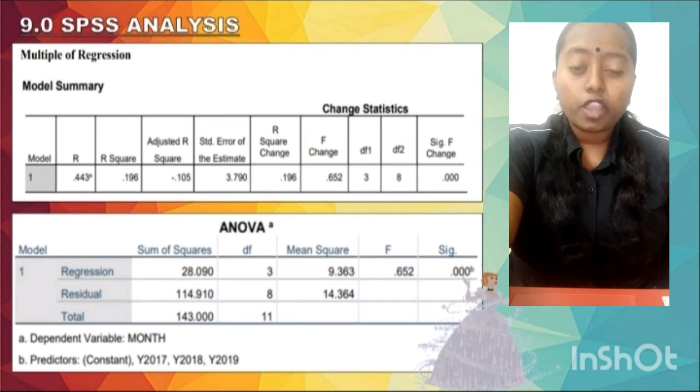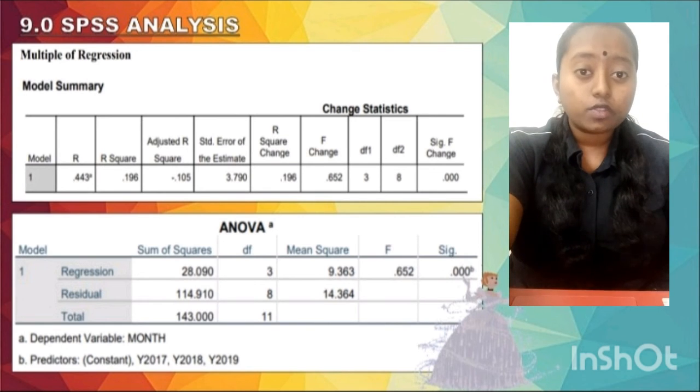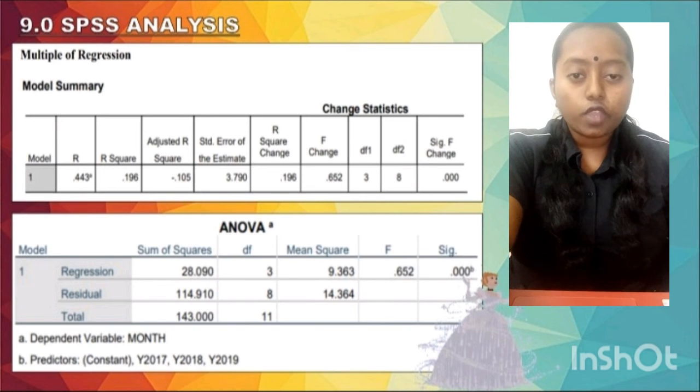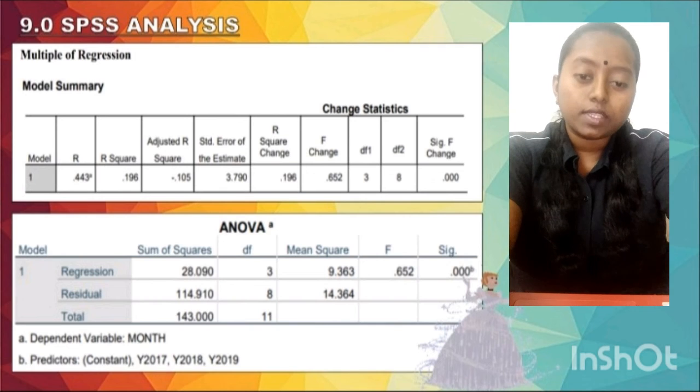The R-square value is 0.196, which means 19.6% of the variation in population can be explained by year 2017, 2018 and 2019. The p-value or significance value from the ANOVA table is less than 0.05, which means that at least one of the three variables, year 2017, 2018 and 2019, can be used to model month.